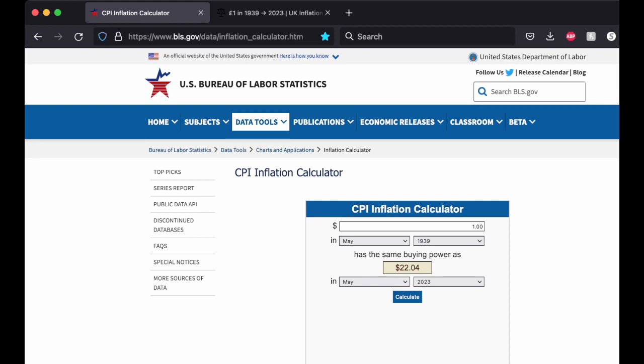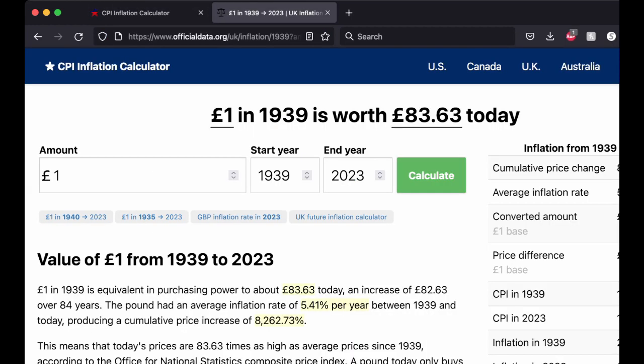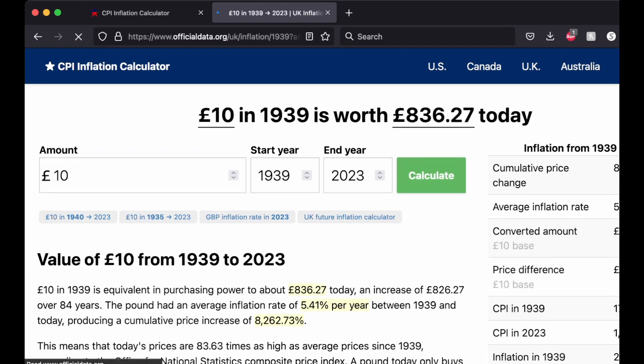Now let's go over to the United Kingdom. So if we had £1, let's say we had £10, 1939 compared to 2023. Let's calculate. Wow, so £10 in 1939 would be £836.27 today.